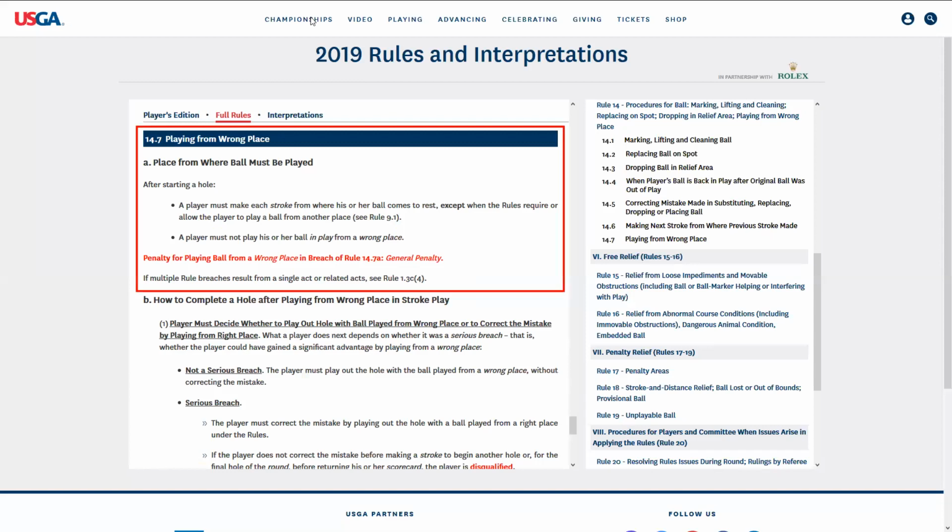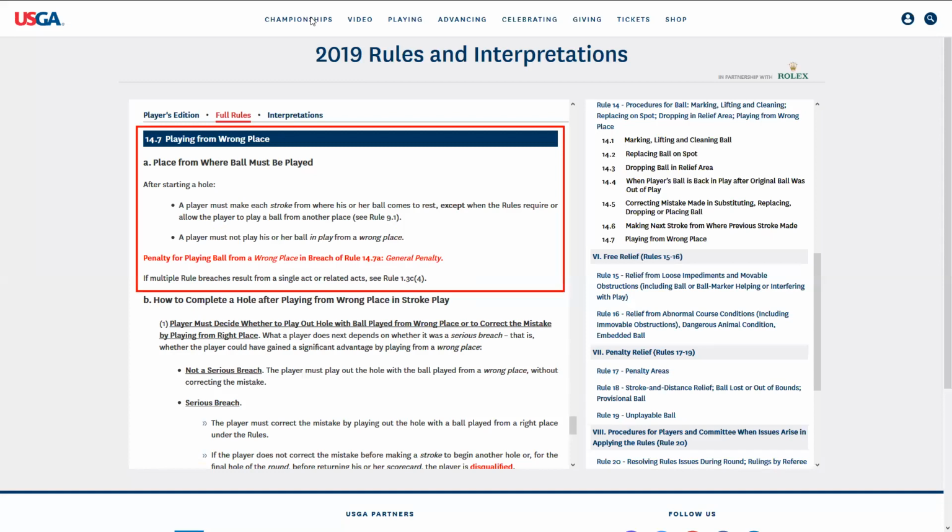So let's take this example. Your ball's in a no play zone. We're going to talk about no play zones in the next couple of rules. No play zone, as the name implies, means it's a no play zone. Okay? You can't play there. It's a wrong place. So your ball is in there. You take your swing. The ball moves a foot ahead. You then take another swing, and the ball moves another foot ahead.